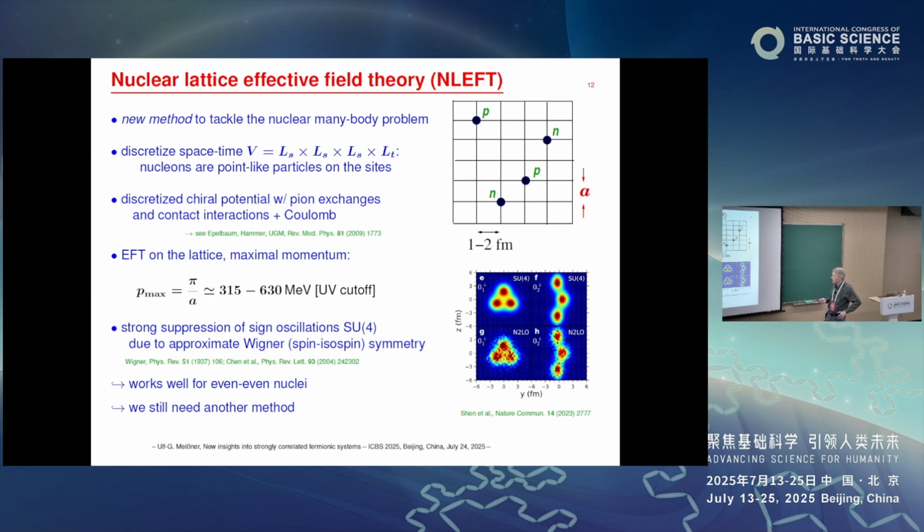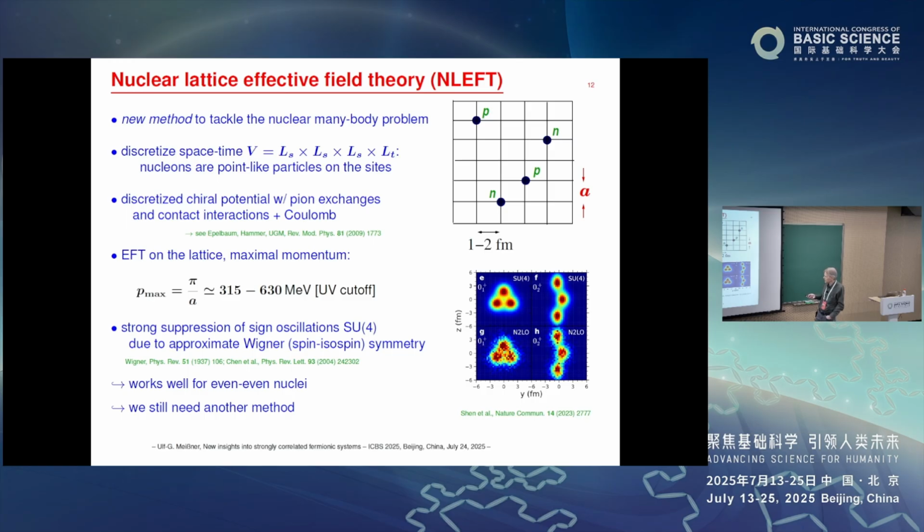Now here you see the Wigner SU4 symmetry. Wigner found out in 1937 that at leading order, you can write down the nuclear interactions in a way that they do not depend on spin and isospin. And this SU4 symmetry, which he found, is very helpful here.